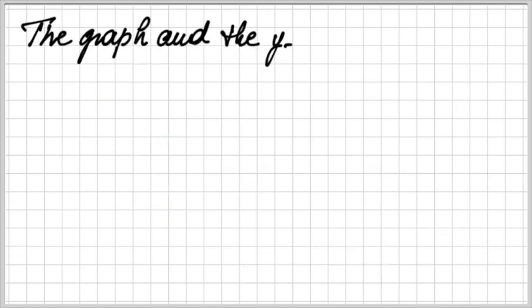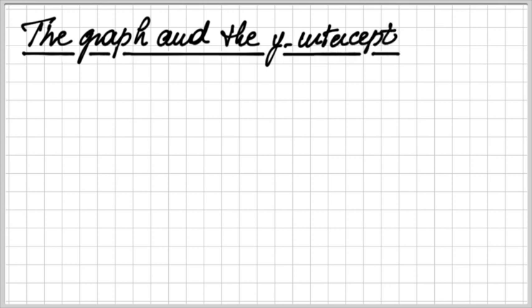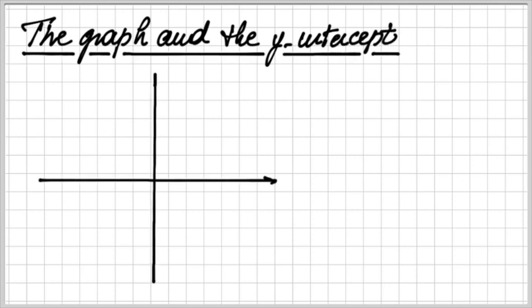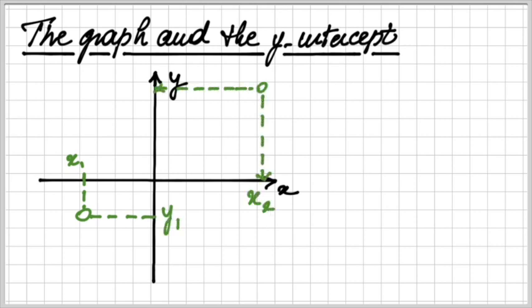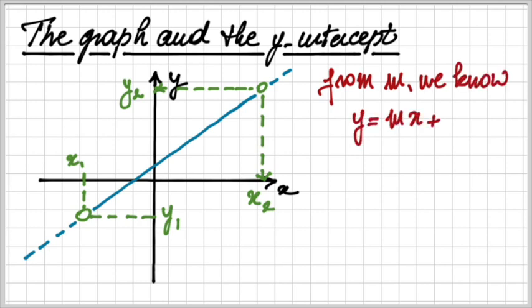Now we can find the next element, the y-intercept. We already have the slope, so we can write the equation y = mx + k, and the only element remaining is the value of the y-intercept k.